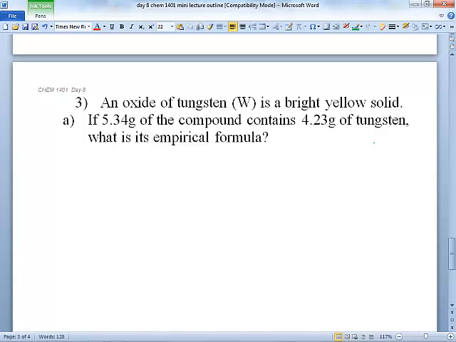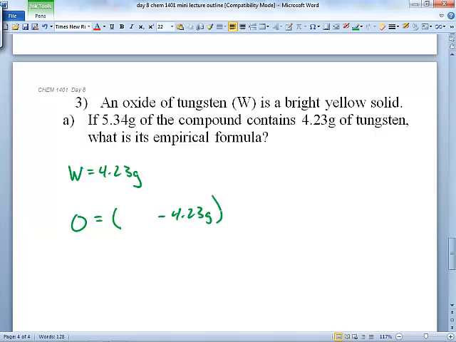Well, you're going to have to do in this one. What is tungsten? It's W. Well, tungsten's going to be 4.23 grams, and the other element is oxygen, right? And that's going to be 5.34 minus 4.23 grams.